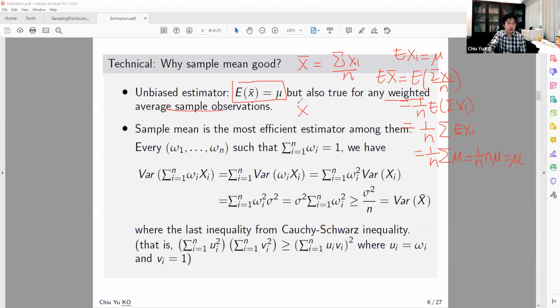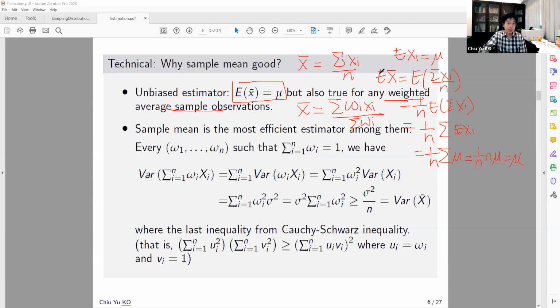So if you do this, omega i xi over the sum of omega, this is the weighted mean, right? This weighted mean is also unbiased.